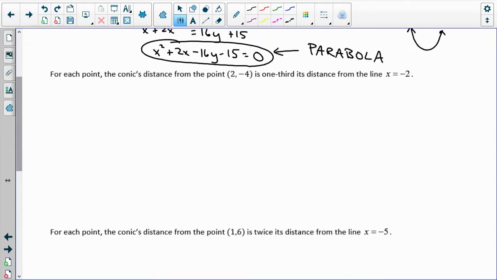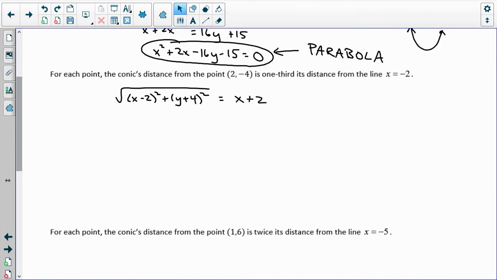Number 3, for each point, the conic's distance from 2, -4 is 1/3 its distance from the line x equals -2. So the square root of x minus 2 squared plus y plus 4 squared equals, well, it's not quite equal to x plus 2 because now notice that this is 1/3 its distance.